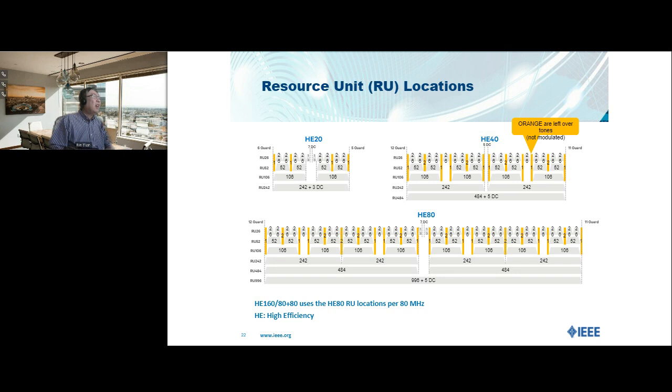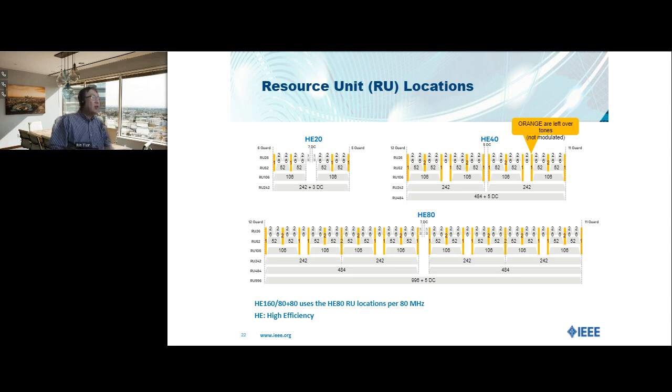After that, there are some tones unused because there are some extra tones which are not needed. Then there are another two RU26s, then a center RU26 which crosses DC. In the center of the FFT there are 7 DC tones, then after that is the other side of DC. So the first layer is all the RU26, and how they are located.